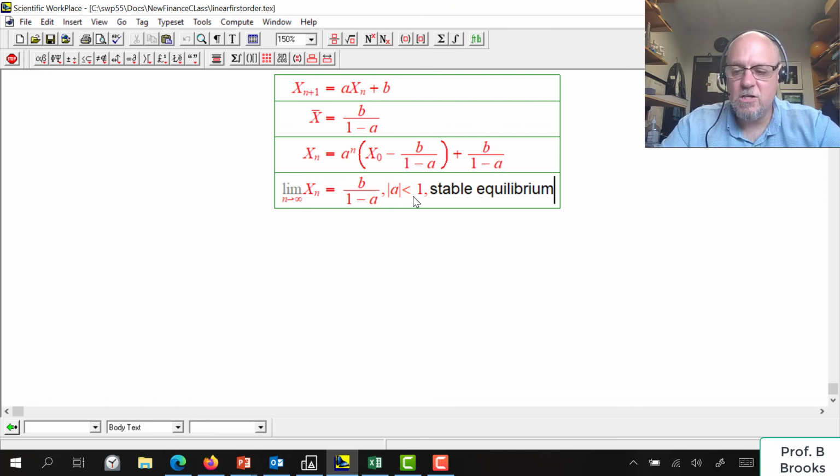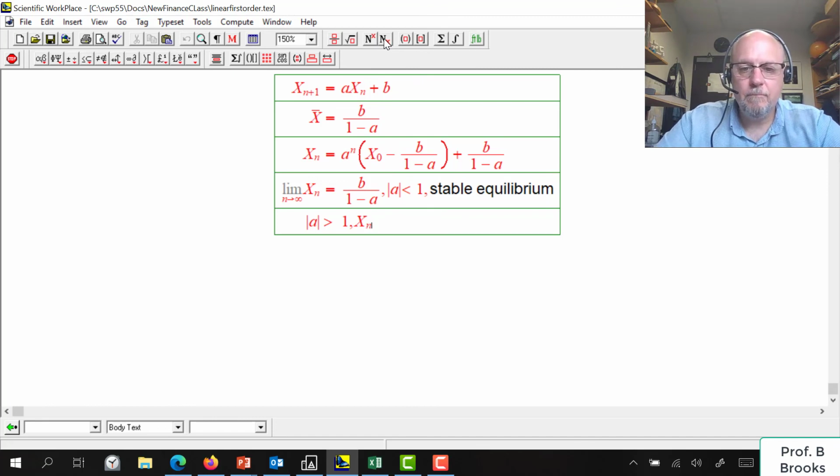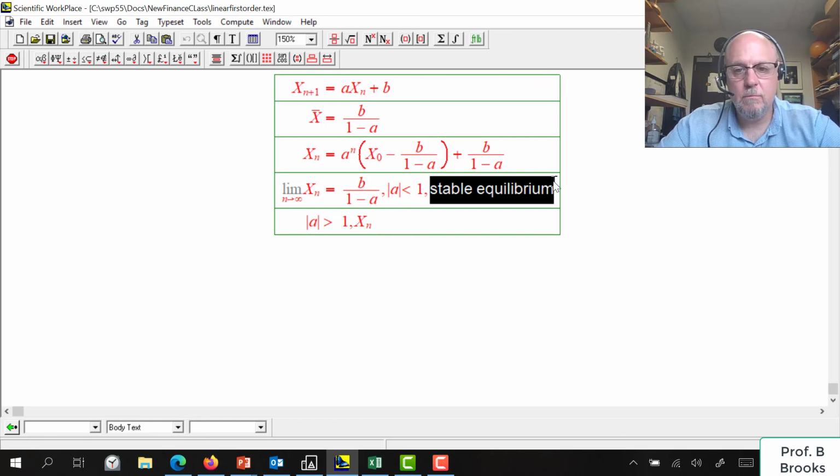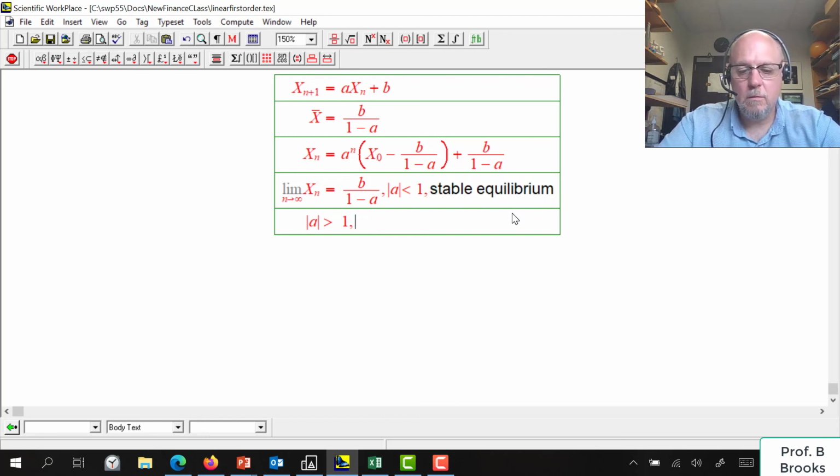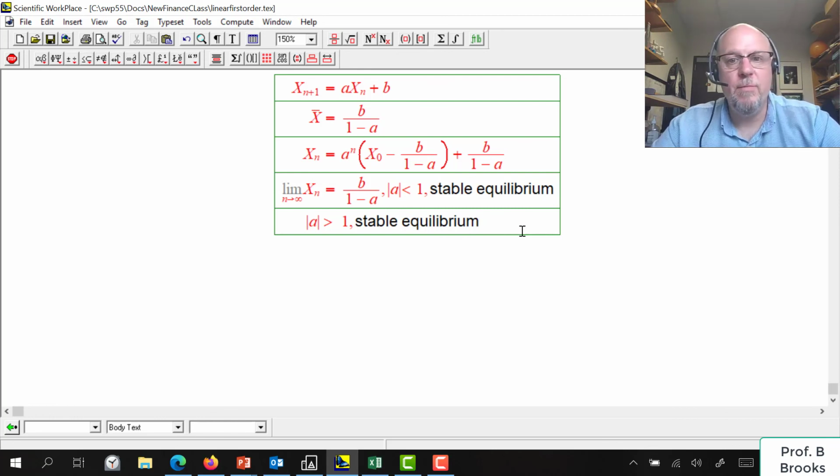If a is not a fraction, so if the magnitude of a is bigger than 1, then x of n just goes to infinity, plus or minus infinity. I'm just going to call it an unstable equilibrium. So you go shooting away from that equilibrium.